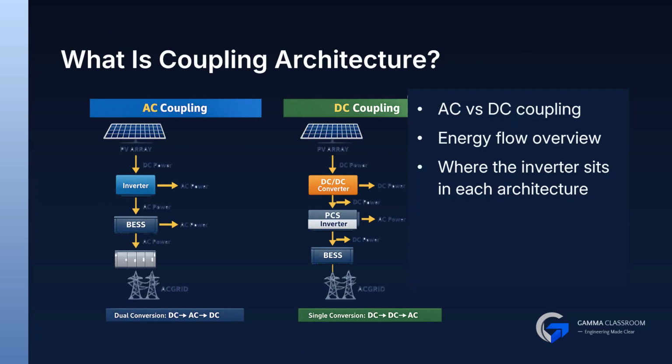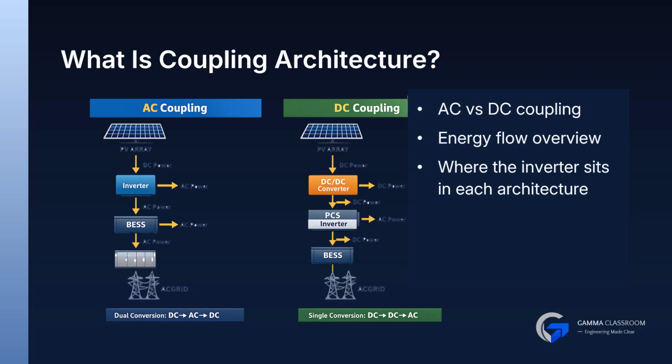Coupling architecture defines how the PV array, inverter, and battery energy storage system interact. In AC coupled systems, the PV inverter and PCS operate independently on the AC side.